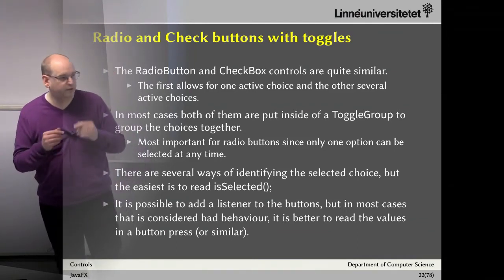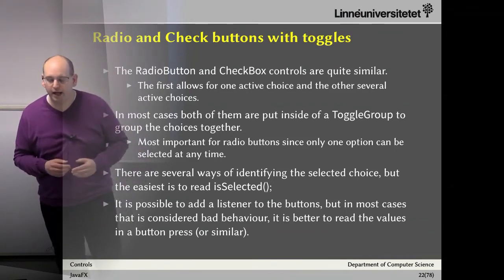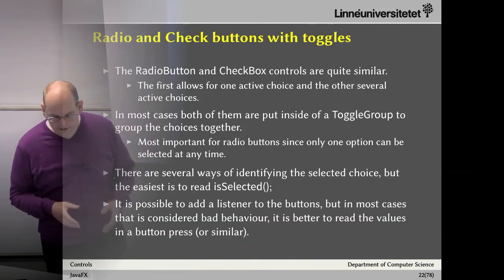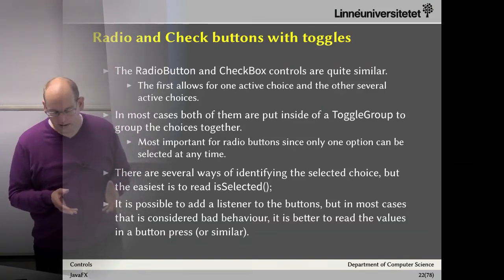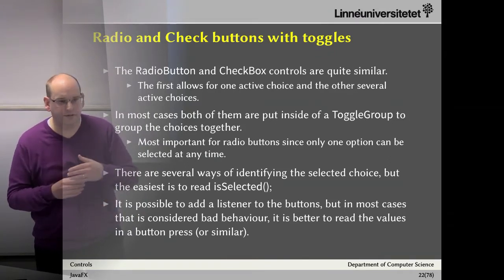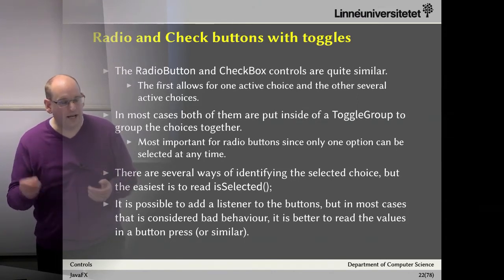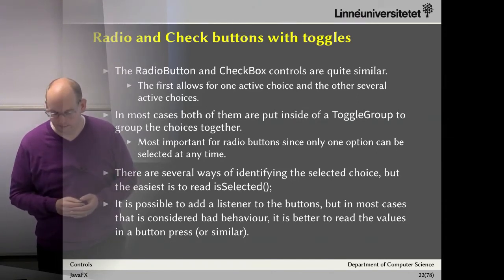So it's possible for us to toggle between a set of radio buttons. And then we read the isSelected method to see if a specific radio button or checkbox has actually been activated.